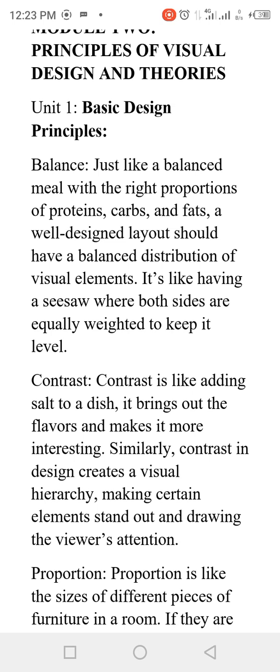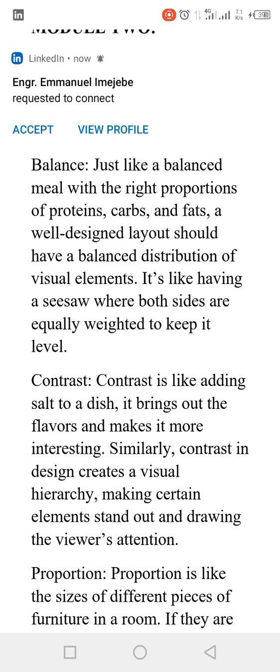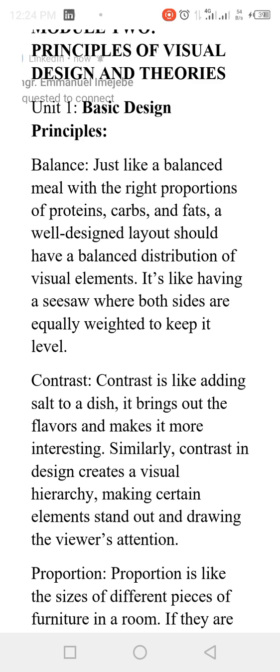And balance, this one says, is just like a balanced meal with the right proportions of proteins, carbs, and fats, and whatever. What this principle of design is talking about is that as far as your design is concerned, there must be all visual elements.